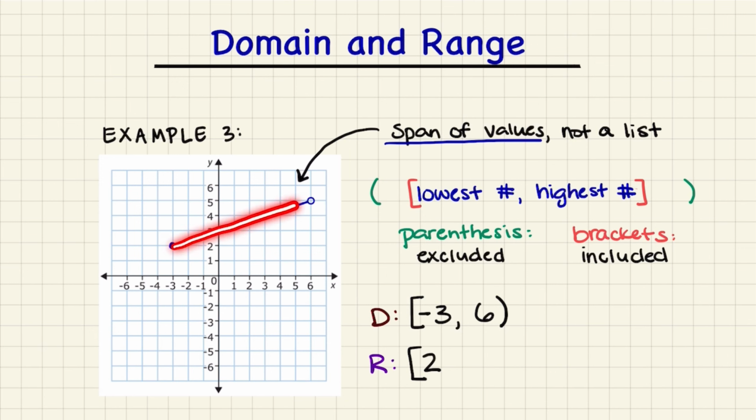And then our highest value is up here, which is at y = 5. So comma 5, and it's an open circle, so it is not included, which means it's going to be a parenthesis. So our range goes from 2 to 5.